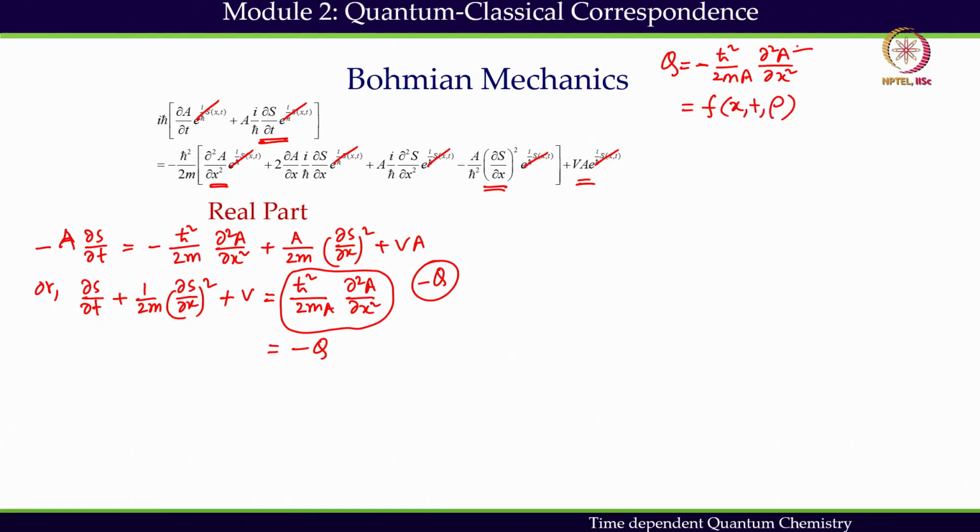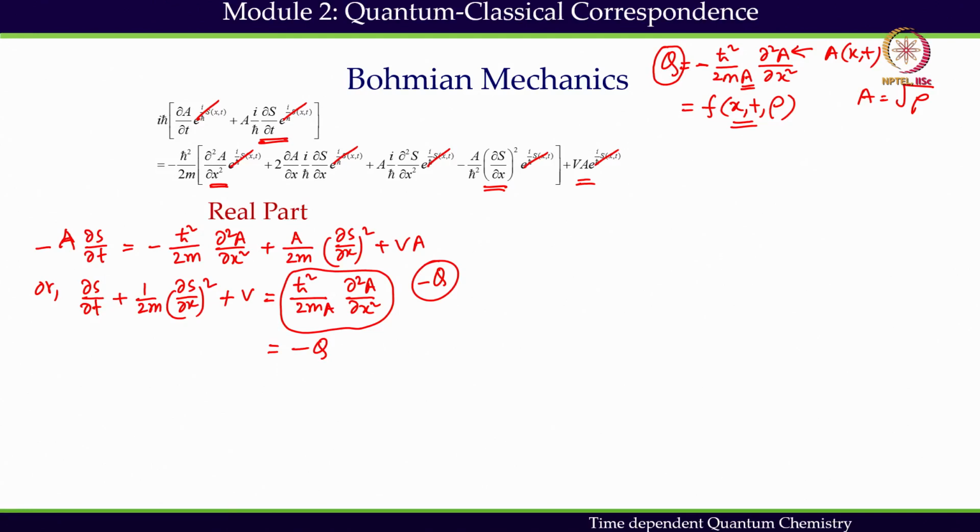Because A is a function of x and t, that is why it is a function of x and t, and A is nothing but the square root of rho. So, that is why I have introduced this Q function.